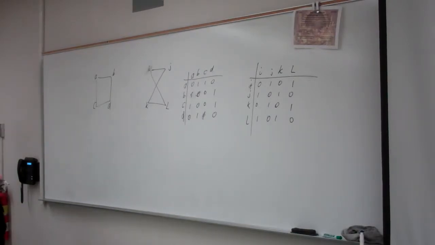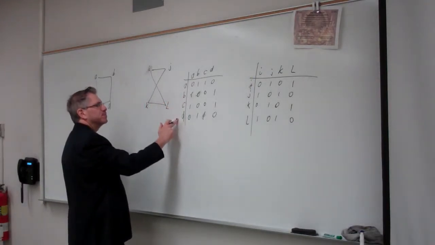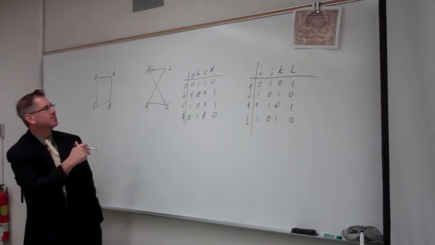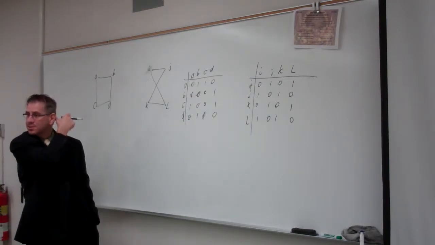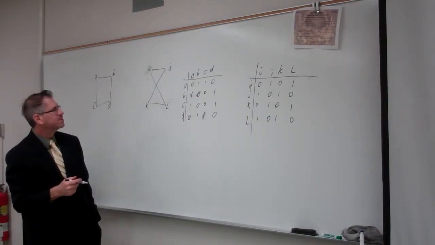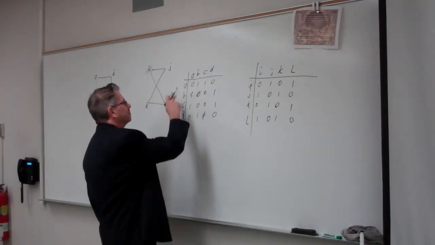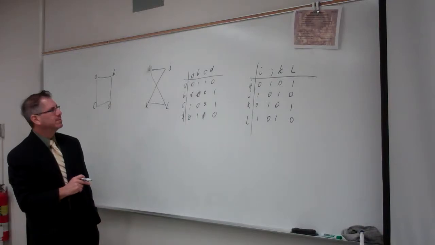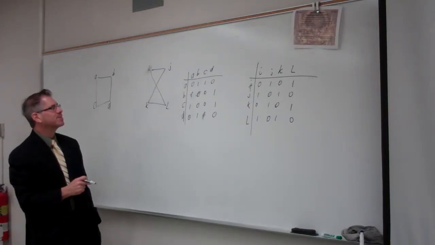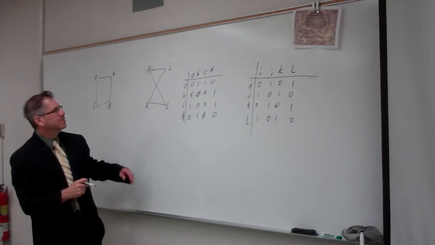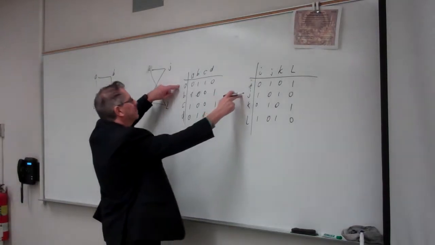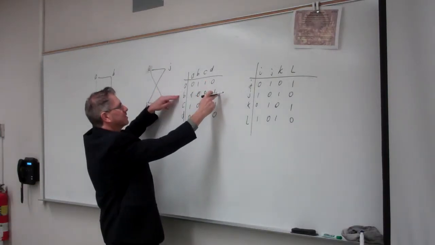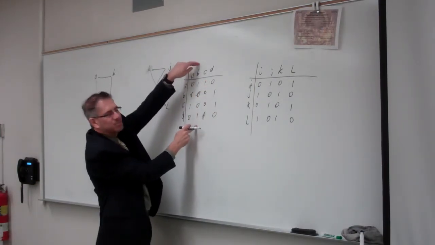So we need a one-to-one mapping between these and these, such that we preserve adjacency. Well, if we decide to map A to J, let me see, I to K. For example, if we want to map A to J, that's really just taking this row and moving it down here, and taking this column and moving it over here.